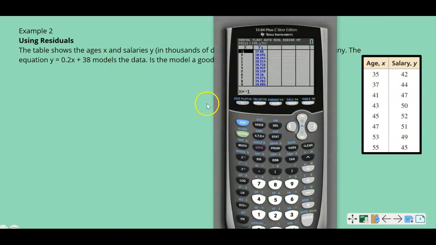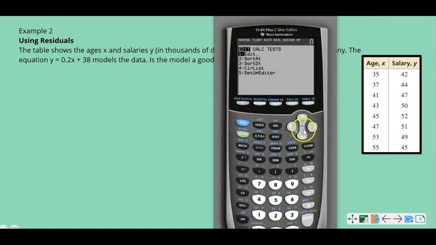They may have found this with 2 points instead of using the calculator. Let's just look and see how close the equation is to what the calculator gives us. 0.2, so that's the same, and plus 38, 38.09. So this is the same equation as the calculator, and you can see that this is just not a good fit.